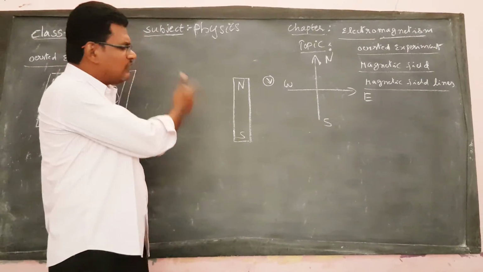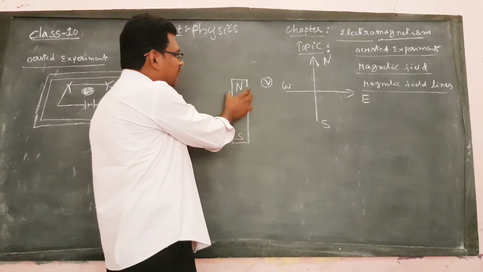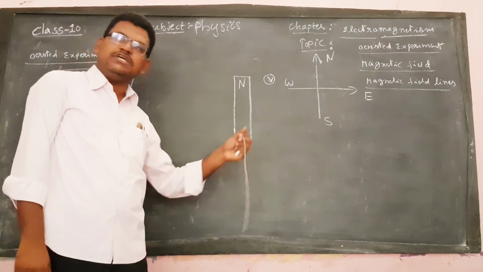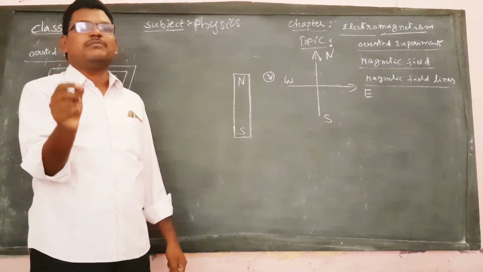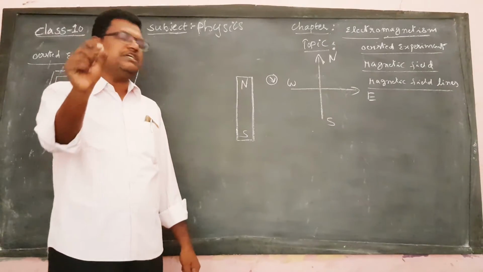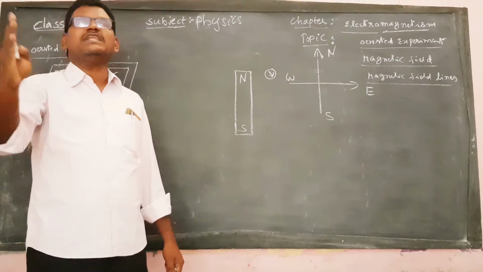Here, what is the external magnetic field? The external magnetic field is the magnetic field due to a bar magnet. There is a magnetic field due to the earth also, but it is very small, in the order of 10 to the power of minus 5 Tesla. We can neglect it.